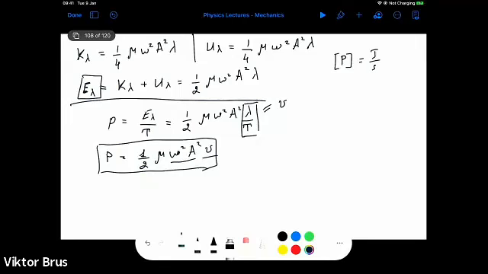Moreover, this rule also is valid for electromagnetic waves, which are completely of a different nature, but they are also caused by some simple harmonic oscillator.